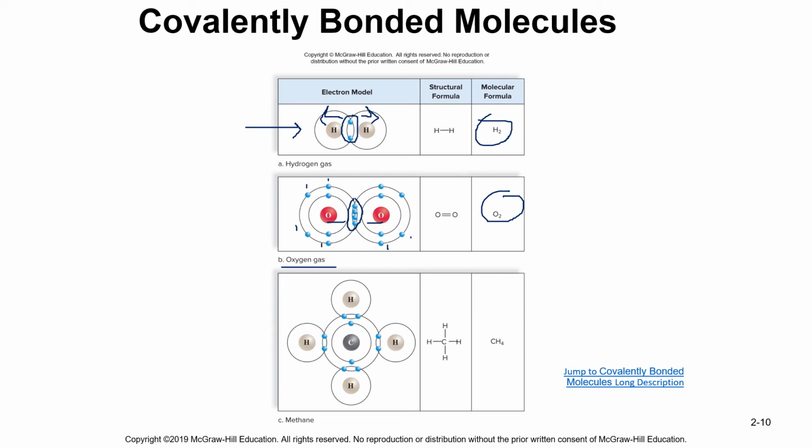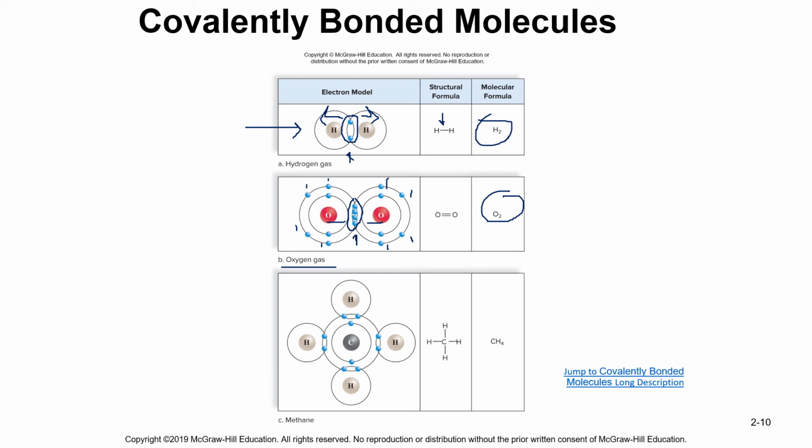So their electron shells are satisfied, satisfying the octet rule. When they share 2 electrons or one pair, that's known as a single covalent bond, and we symbolize that as a solid line connecting the 2 atoms.